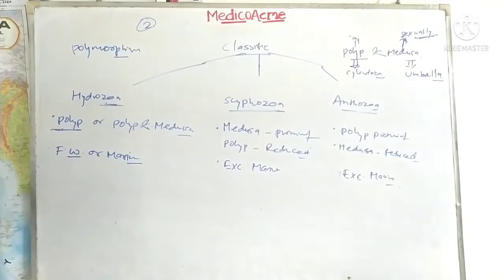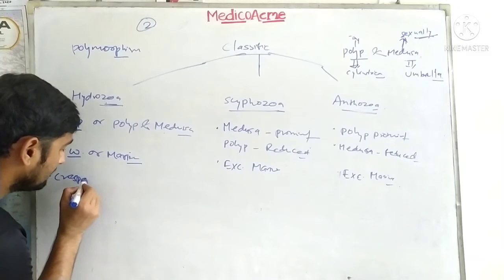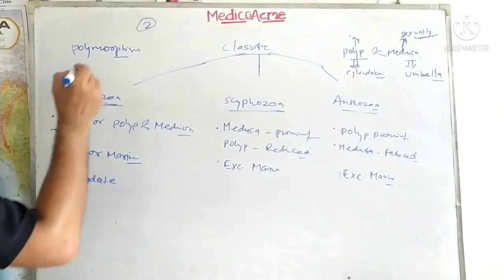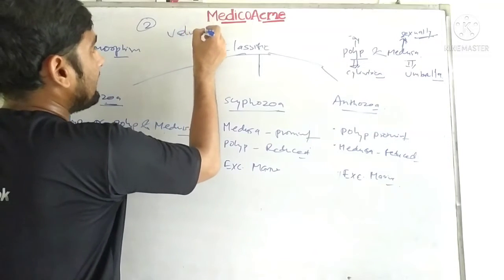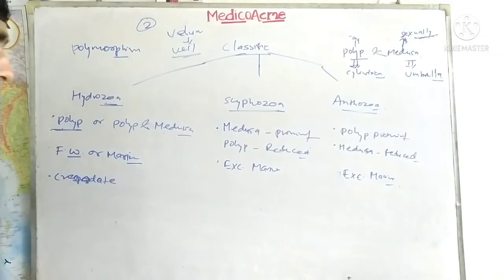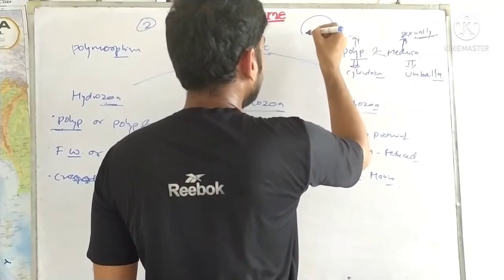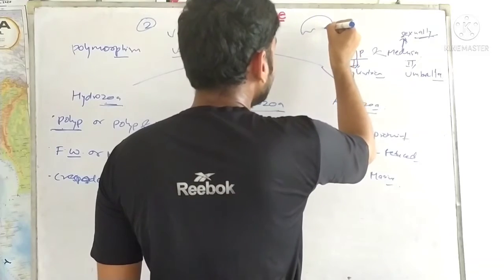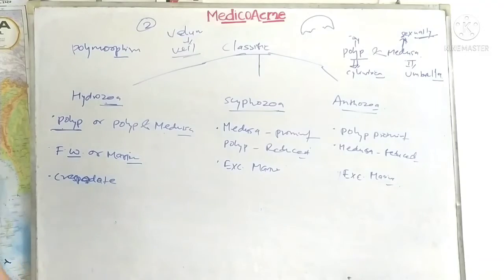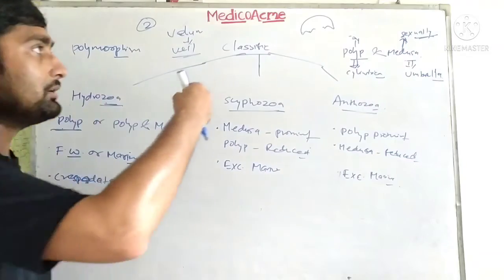Now the important term, Crespidot. Have you heard about the velum? Velum comes from the veil. Veil means ghungat in Hindi. Okay. So veil is something like a parda. Suppose this is the Aurelia. You are going to find a veil, or in Hindi ghungat. Ghungat is something like a parda.